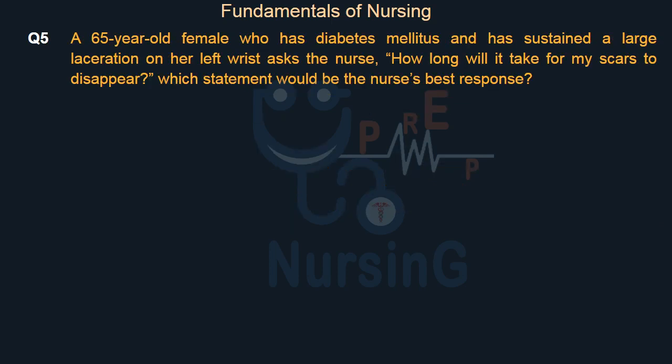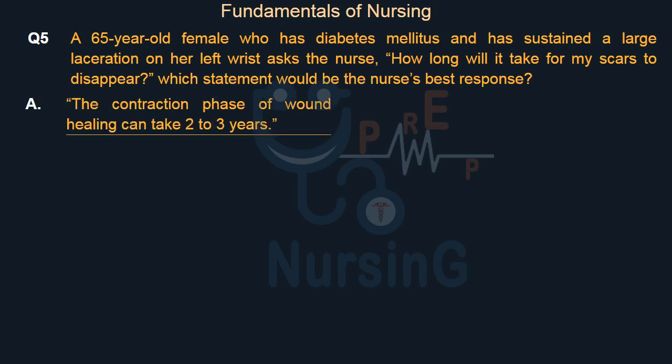A 65-year-old female who has diabetes mellitus and has sustained a large laceration on her left wrist asks the nurse, "How long will it take for my scars to disappear?" Which statement would be the nurse's best response? Option A. The contraction phase of wound healing can take 2 to 3 years.